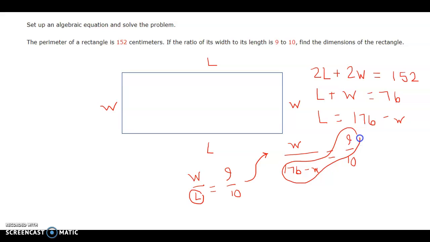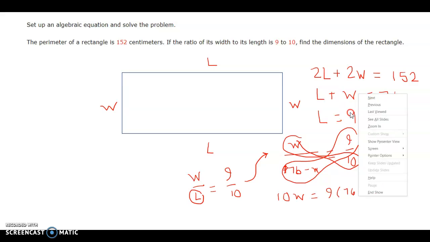Take one cross product and set it equal to the other cross product. So W times 10 is 10W, and 9 times the quantity 76, not 176. 9 times the quantity 76 minus W will be my other cross product.